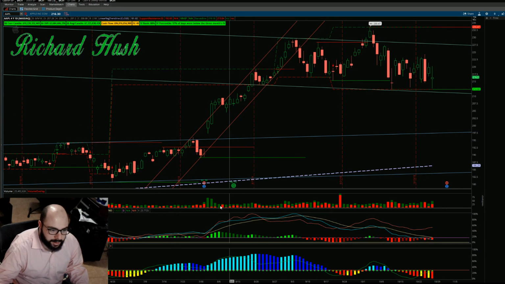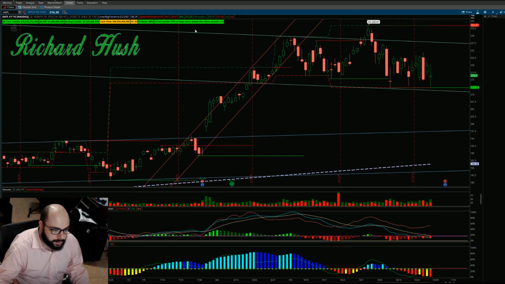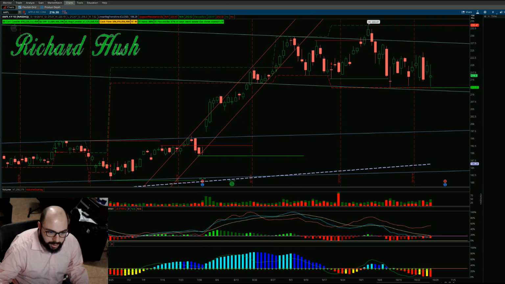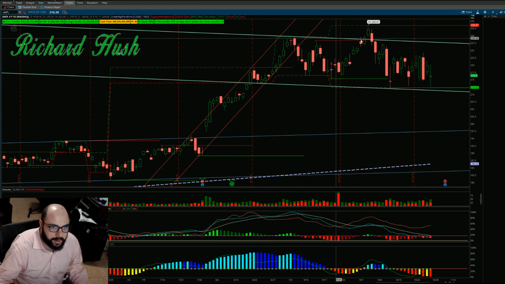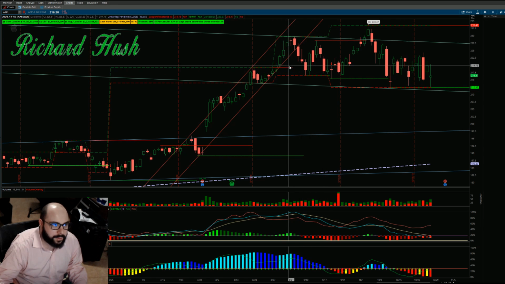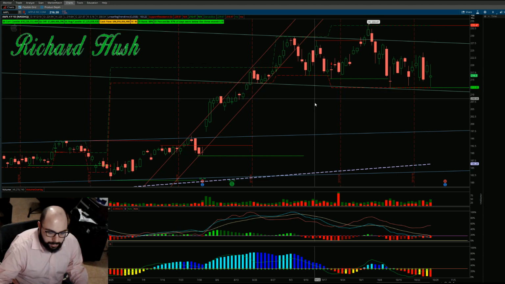So what I have here is essentially the Apple chart, right? And the Apple chart shows us some minor trends that have been forming, and we have the support and resistances. These are support and resistances on the dailies, and you can draw Darvas boxes with these.